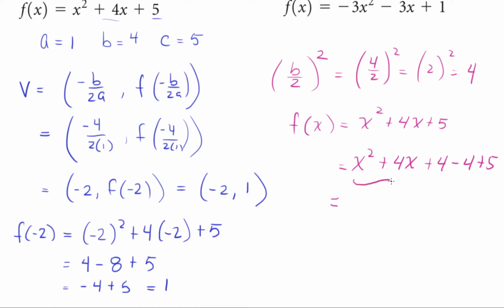So these three terms are going to factor into the number that you have before squaring. So x plus 2 squared, negative 4 plus 5 is 1. Notice the transformation. x plus 2 means we're going to the left 2, and plus 1 outside means we're going up 1. So it gives you the same vertex.